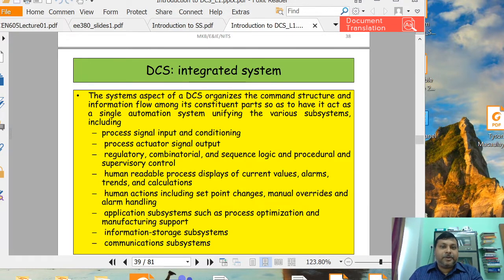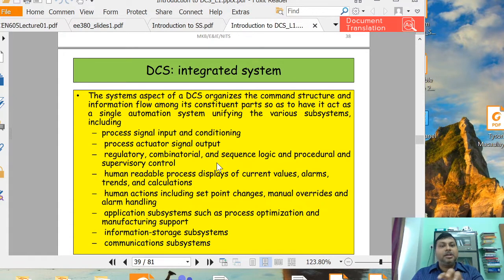That's why it is said that the system aspect of a DCS organizes the command structure and information flow among its constituent parts so as to have it act as a single automation system unifying the various subsystems, including process signal input conditioning, process actuator signal output, regulatory, combinational and sequential logic, procedural and supervisory control, human readable process displays of current values, alarms, trends and calculations, human actions including set point changes, manual overrides and alarm handling, application subsystems, information storage subsystem, and communication subsystem.